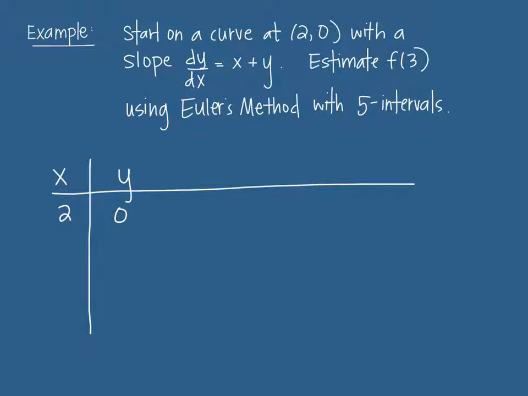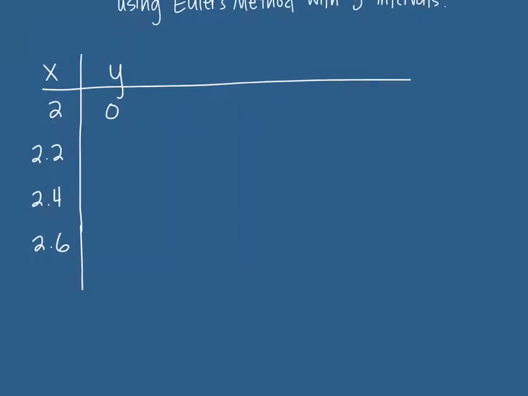If our goal is to get to x equals 3, but we're doing it in 5 subintervals, how long is each subinterval? 0.2, right? So we will be moving to 2.2, then 2.4, then 2.6, then 2.8, and then we'll ultimately stop at 3.